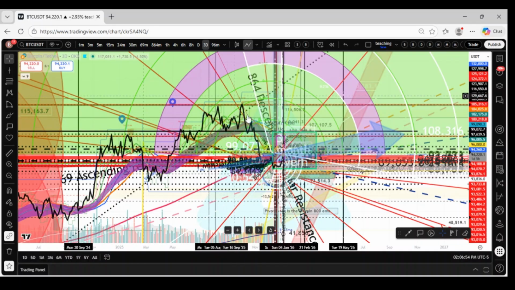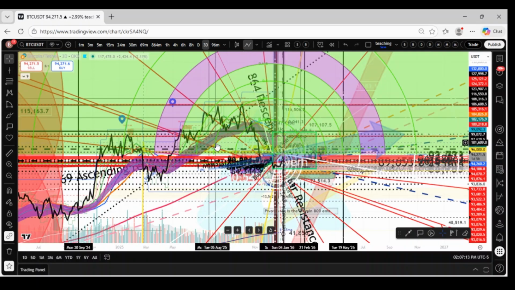Here's the descending angles cutting through, and now price is down on here, and it's about to cross. See how I say bulls need this line? That line is imperative because it means that we get across this 50 EMA on this structure.